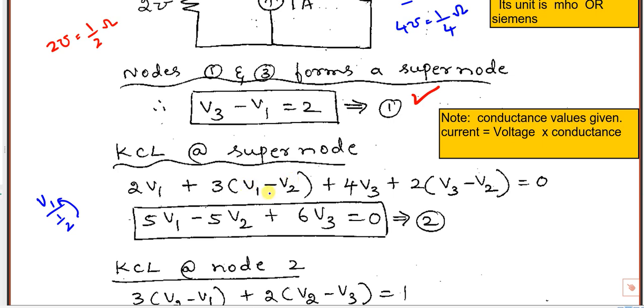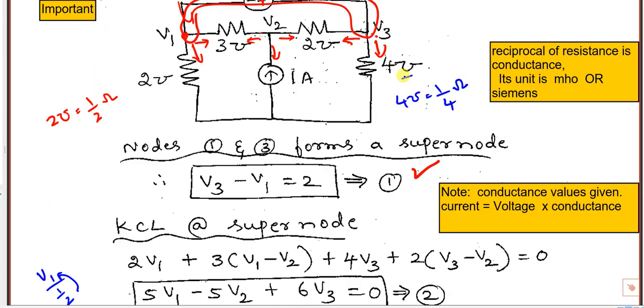Similarly, V1 minus V2 by 1 by 3, the 3 will come to the numerator. V3 by 1 by 4, that 4 will come to the numerator. V3 minus V2 by 1 by 2, the 2 will come to the numerator.